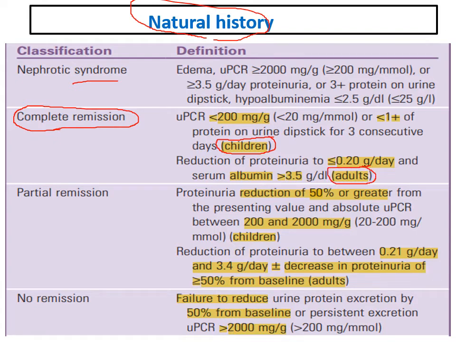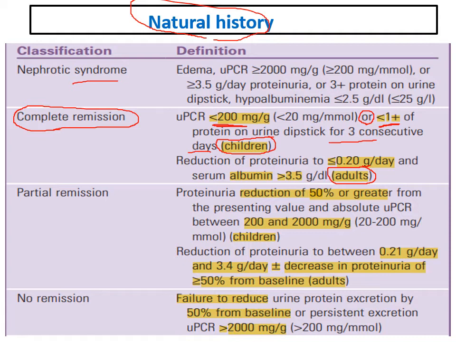In children, complete remission is defined as urinary protein to creatinine ratio less than 200 milligram per gram, or less than 1 plus protein on ordinary urine dipstick for 3 consecutive days.